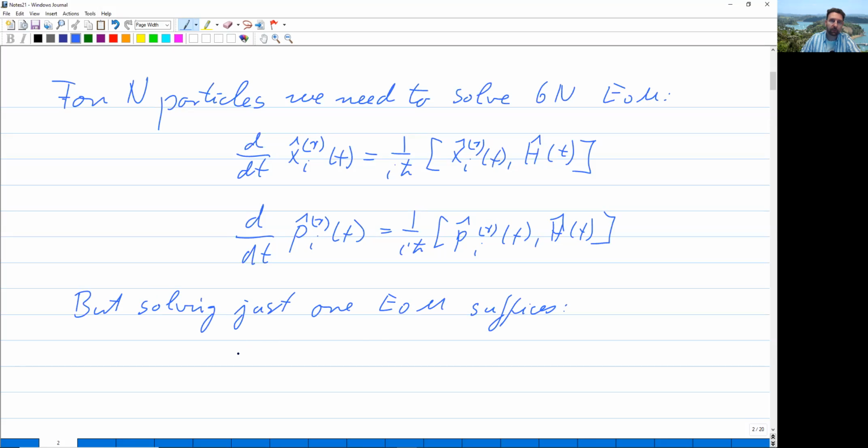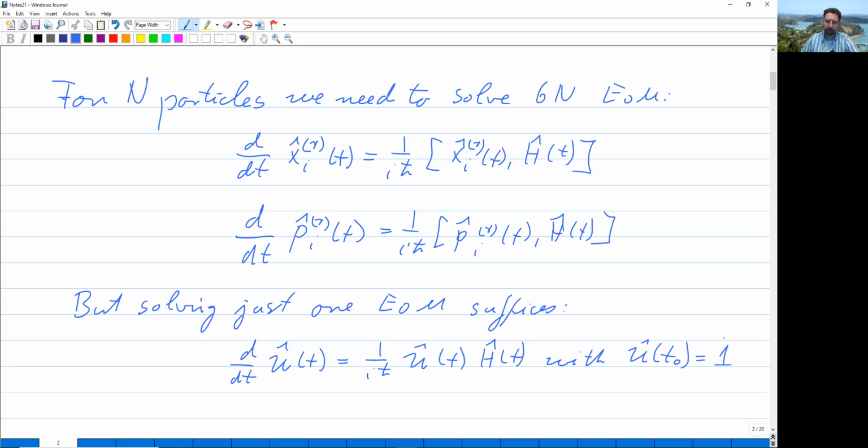Well, the equation of motion was that d by dt of U hat of t is equal to 1 over i h bar, the commutator of U hat of t with H hat of t, with initial condition U hat of t naught equal to the identity operator.